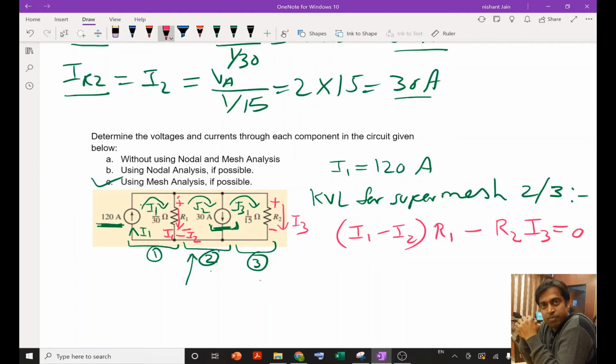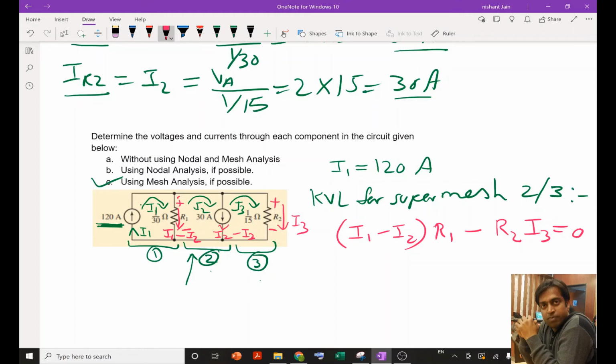Now after this, if we consider this current source of 30 ampere, you can see that the effective current that is flowing is I2 minus I3. I take I2 as positive because the direction of I2 and the 30 ampere are the same.